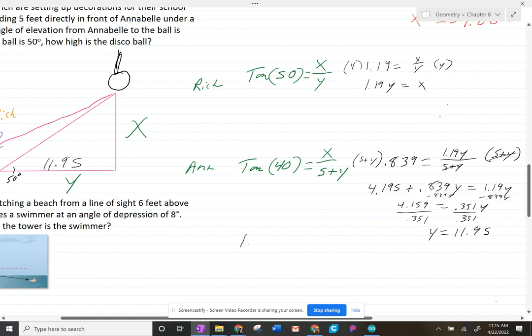So I already had 1.19 equals x over 11.95. So I just get to multiply both sides by that 11.95. My x value equals 14.2.